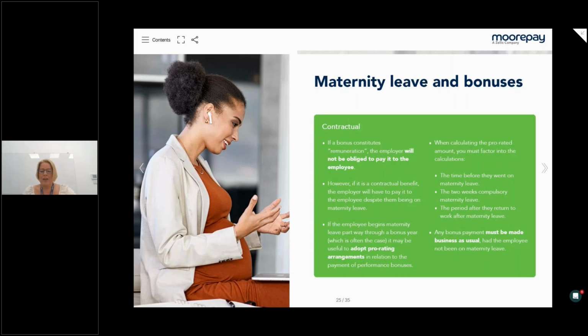And when calculating the prorated amount, you would also need to pay it for not only the time before they went on maternity leave that the bonus reflects, but the 2 weeks compulsory leave, or 4 weeks compulsory leave should they work in a factory environment. Any bonus payments just must be made as usual had the employee not been on maternity leave. So it would just go through payroll as normal.